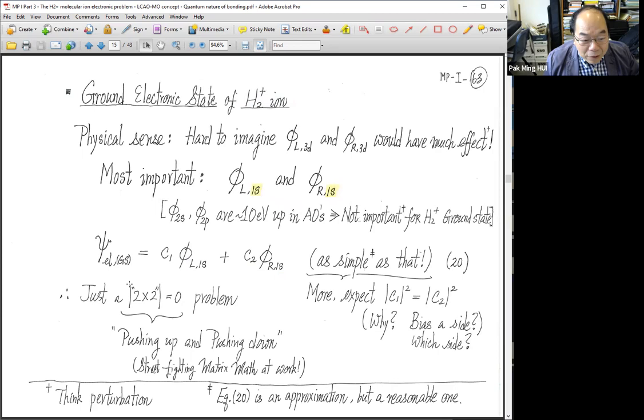So we understand that it is just a 2 by 2 matrix, and 2 by 2 matrix mathematics has to do with pushing, right? One state will be pushed up, one state will be pushed down. It starts to make sense for bonding. You have atoms coming in, 1s, 1s.